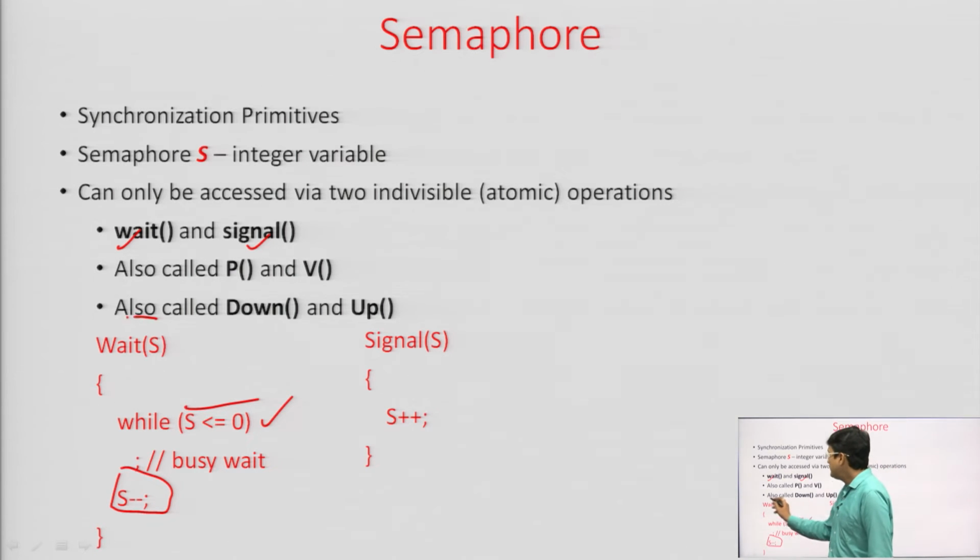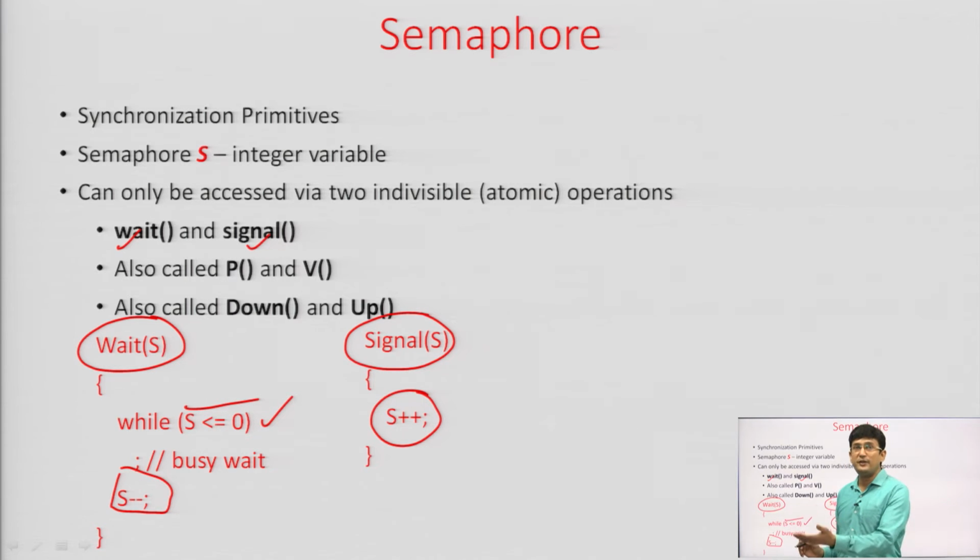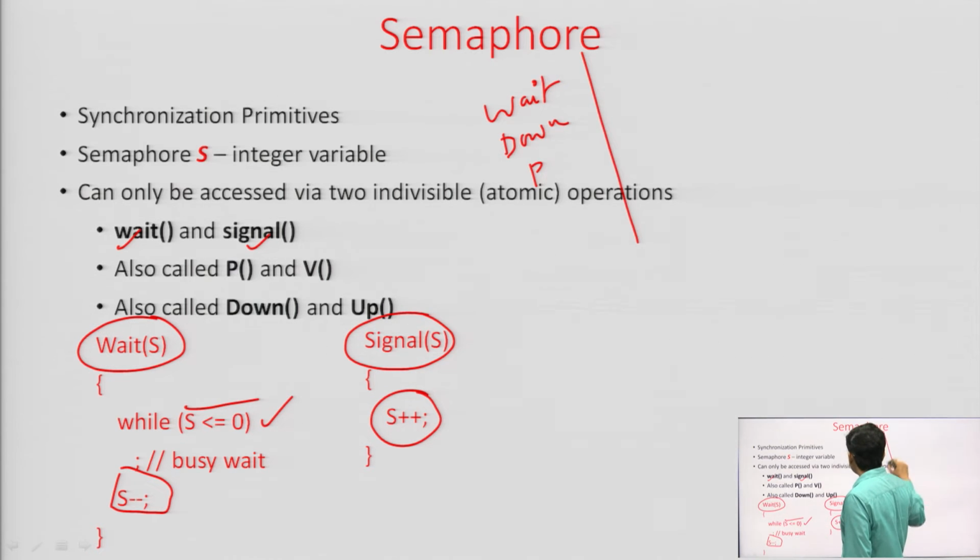So, the wait function checks the value of the semaphore and decrements it. In the signal function, after exiting the critical section, we increment the value of the semaphore, so that we are allowing the other process to enter the critical section. So, wait is also known as down, also known as P, whereas signal is also known as up and V.